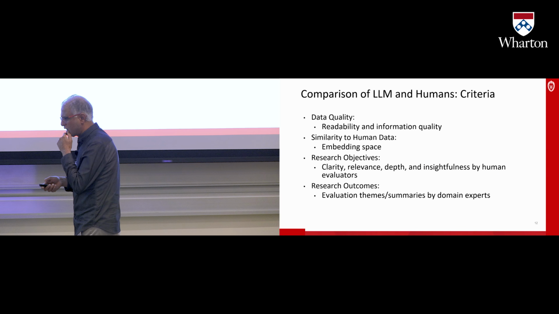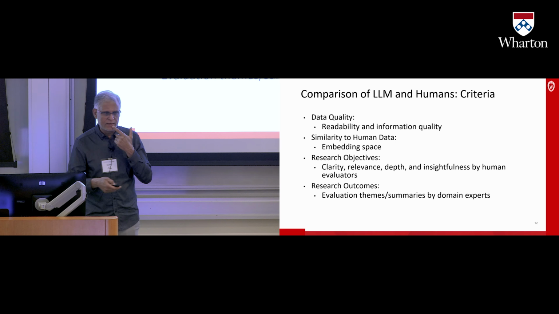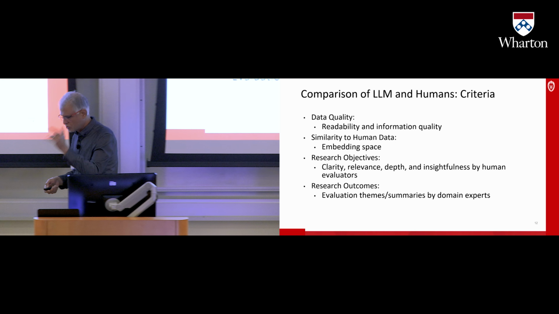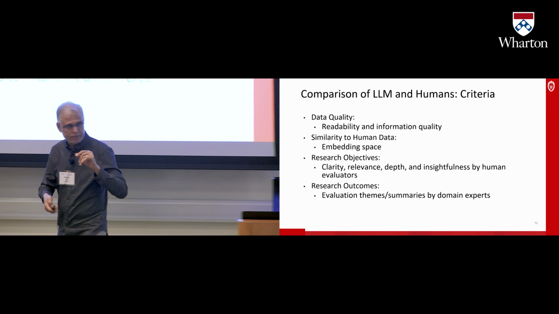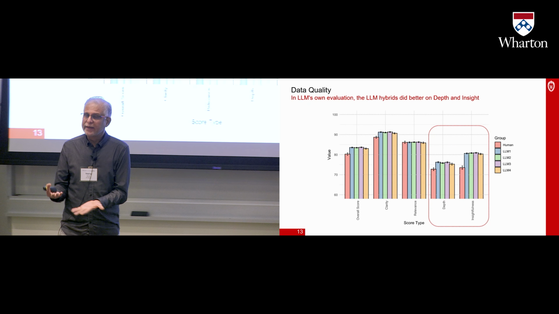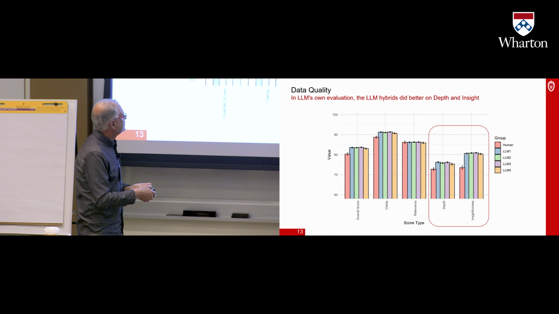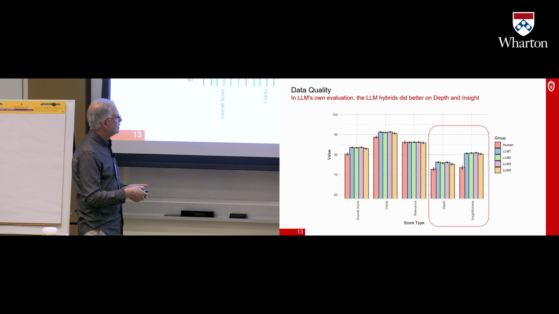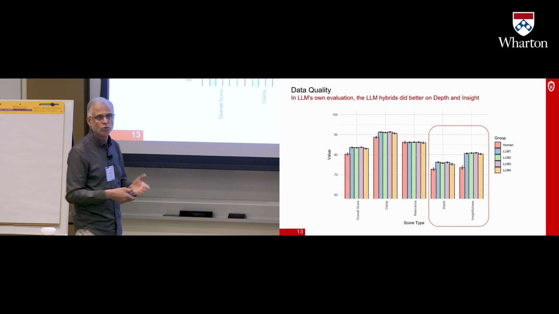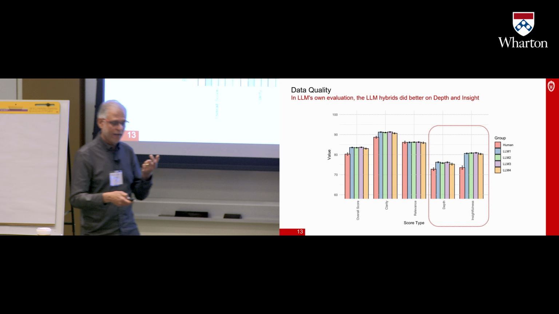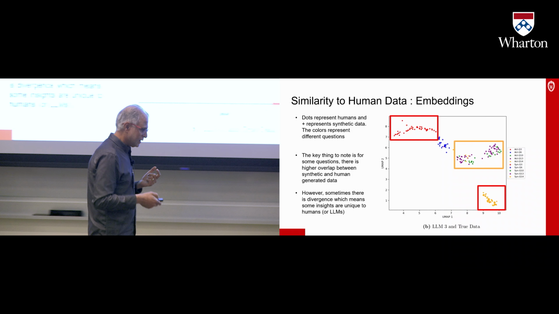We evaluate these data on a variety of metrics. The main takeaways are, what we find is the data that the LLMs generate are deeper and more insightful, pretty much across the board, compared to the human answers that the company actually had.